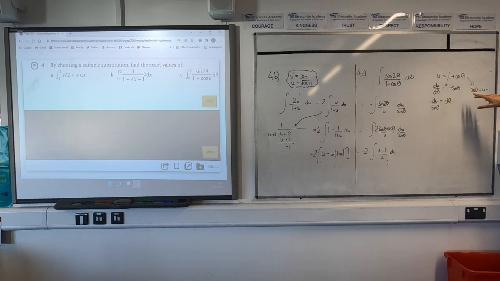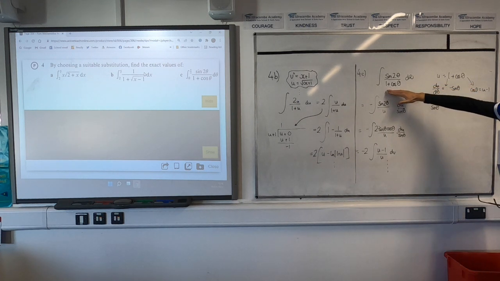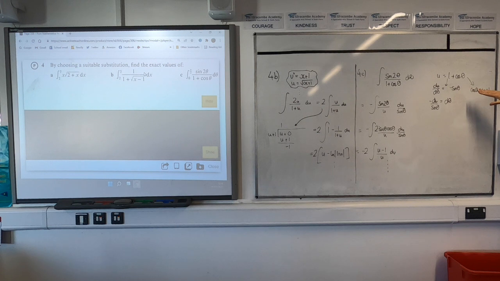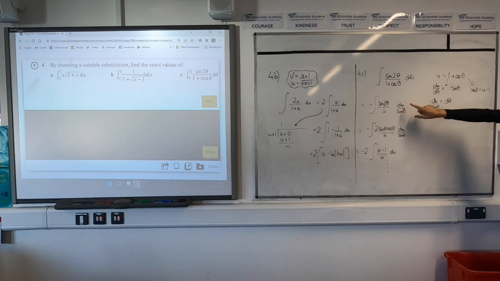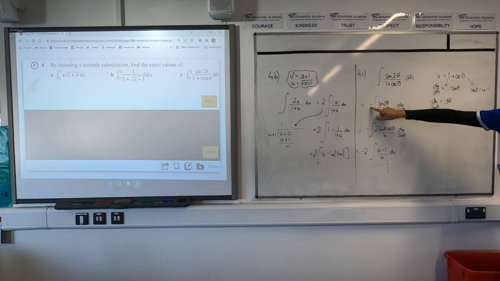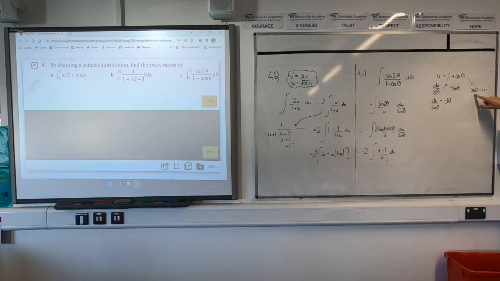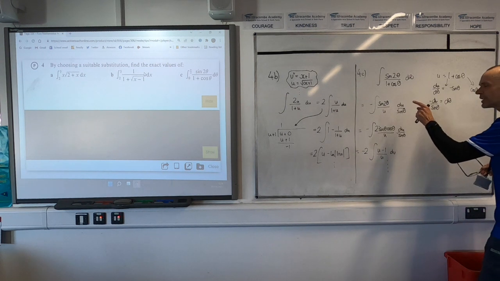For 4c, if you use 1 plus cos theta as your substitution, then du by d theta is minus sine, so you get that as your replacement. So d theta becomes minus du over sine theta, and I straight away pulled the minus out there. Cos theta is u minus 1. Then you just have to use the identity.